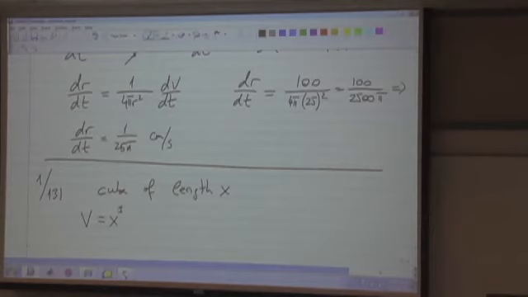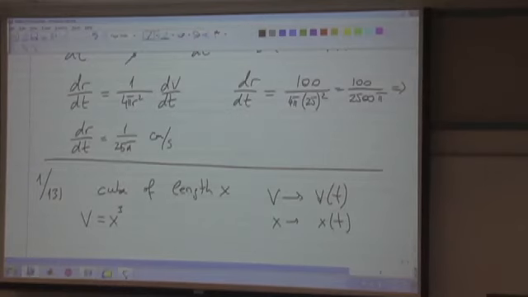Now it says the cube expands as time passes. What does that tell you about V and x? They're both functions of time, right? That means that V is in fact V of t and x is in fact x of t. Does that make sense?